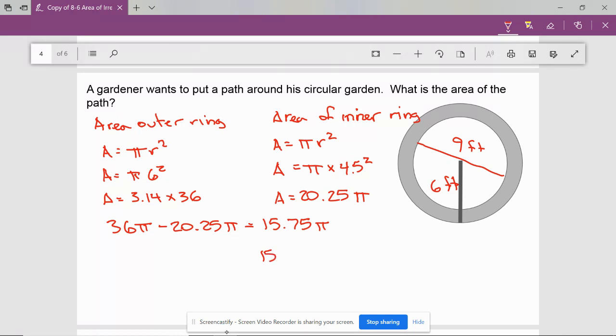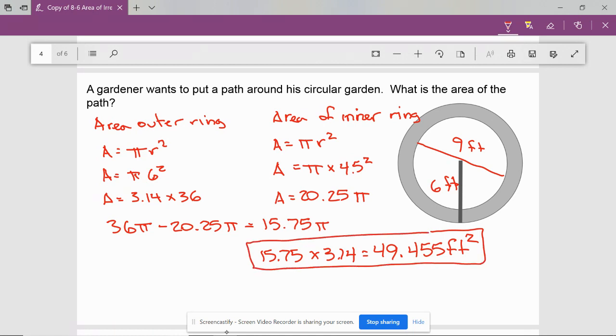So 15.75 times 3.14 is going to equal 49.44 feet squared. That's your answer right there.